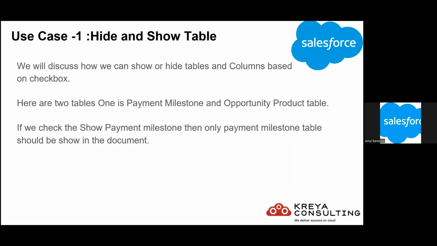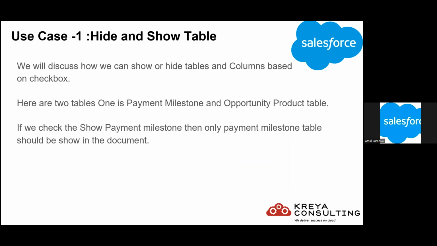The use case scenario number one is about how to hide and show a table in Conga Composer. We are taking two tables: one for payment milestone, another for the opportunity product table. Payment milestone is our custom object, created as a related object under opportunity, and it has a payment amount and payment percentage.